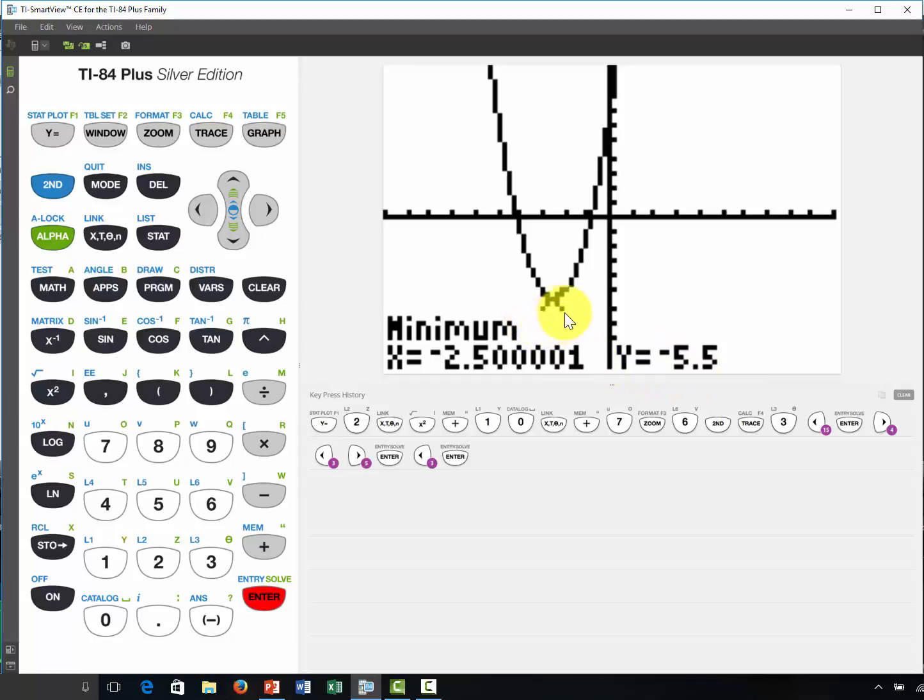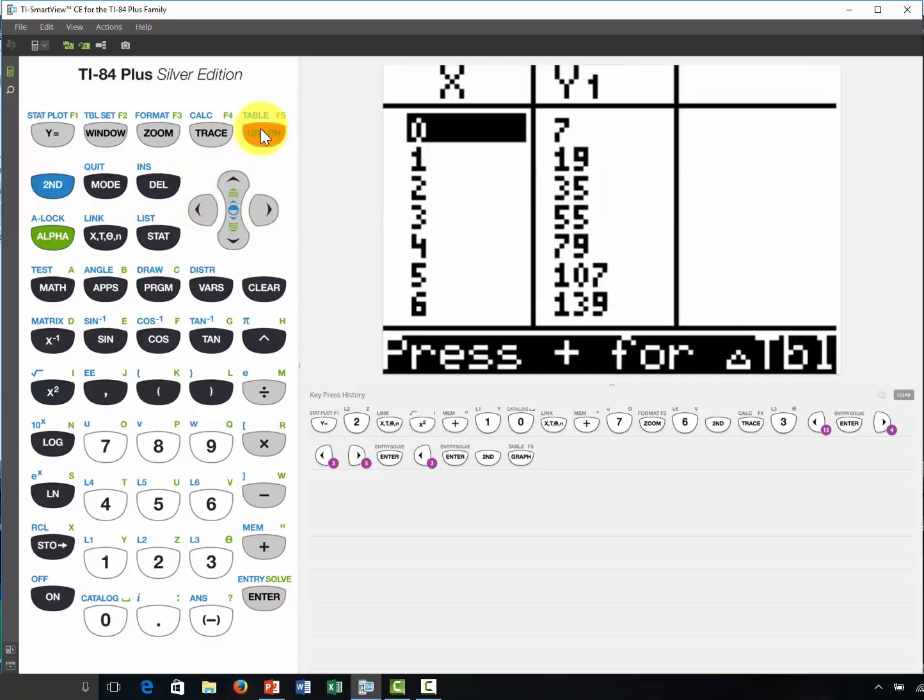Now if I needed to be more precise, I can change my window settings or use a zoom in command and get closer to this vertex, but for this problem it's good enough. Numerically, if I go to table, here I can see the numbers are getting larger.